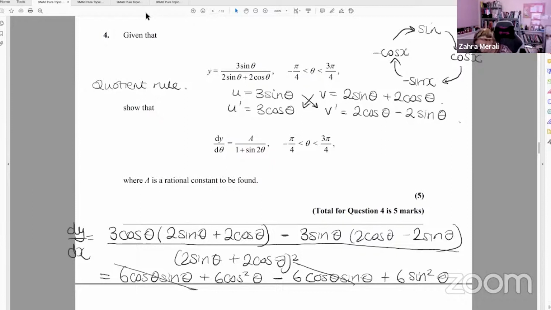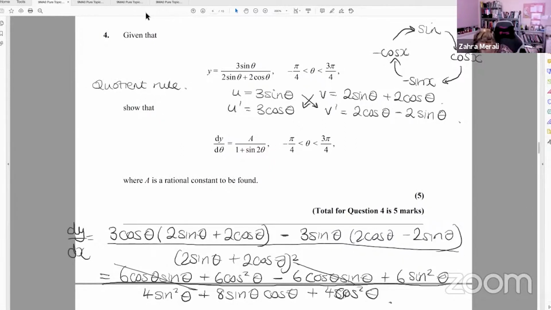So, on the bottom, we're going to get 4 sine squared theta, so square of the first, multiply them together and double it, so that becomes 8 sine theta cos theta, plus 4 cos squared theta.